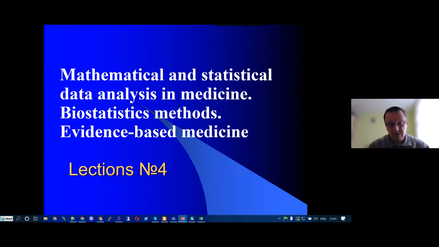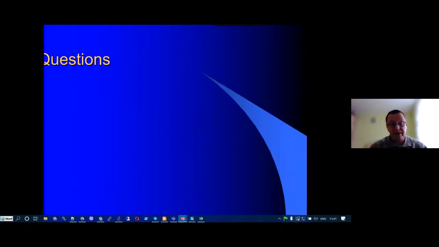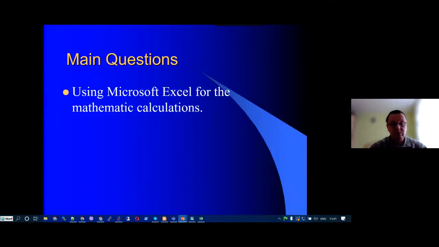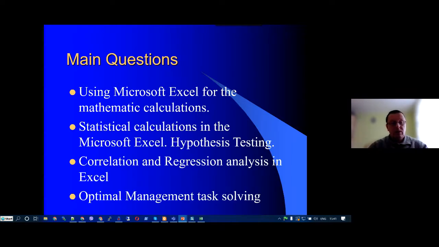Let's proceed with the lecture plan and objective. There are four main questions for this lecture. First of all, a short recap about the usage of not only Microsoft Excel, but any spreadsheet application to perform various mathematical calculations.